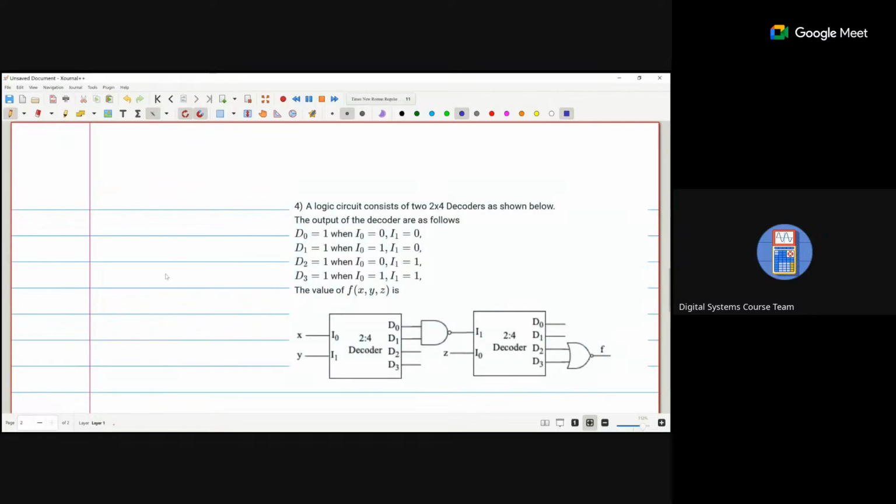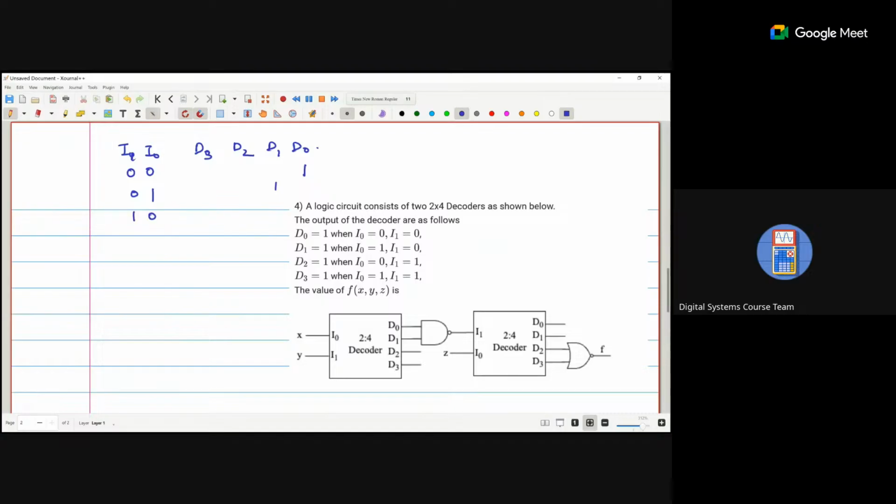Okay. So generally, the decoder condition is with inputs I1 and I0, and outputs D3, D2, D1 and D0. If both are 0 0, D0 is 1. If 0 1, D1 is 1.